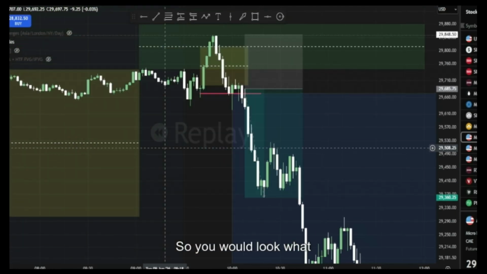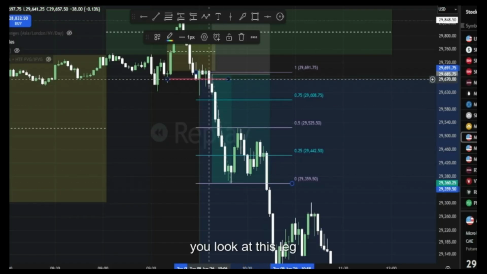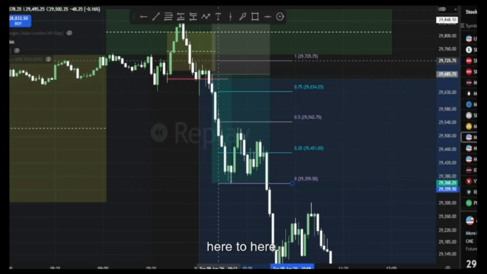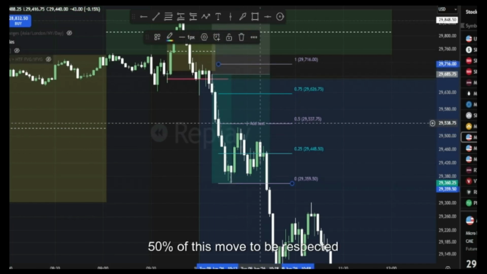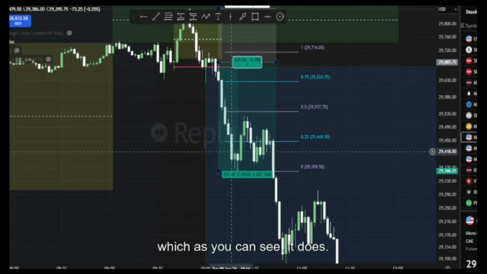So you would look at this leg here to here, and you would want to see the 50% of this move to be respected, to remain bearish, which as you can see it does.